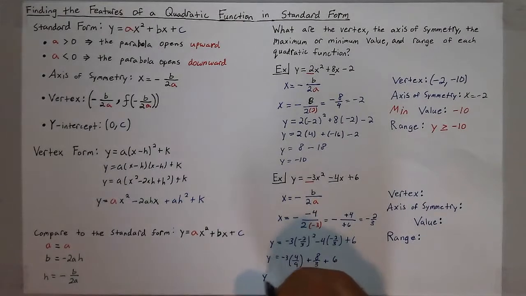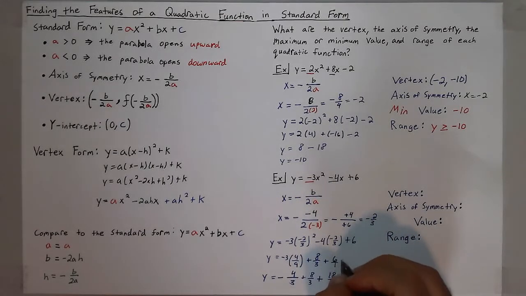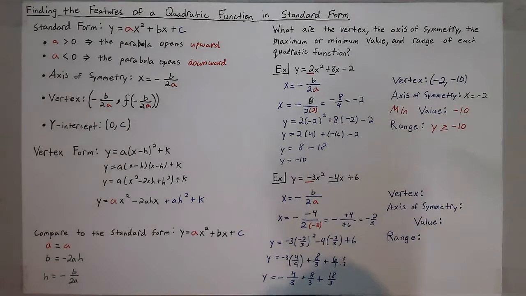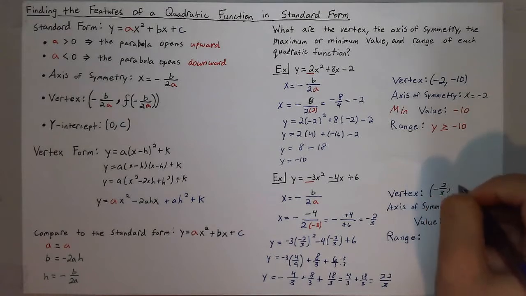So y is equal to negative 4/3 plus 8/3 plus 18/3. Again, I'm imagining 6 is over 1 and multiplying the top and the bottom by 3 to create that common denominator. Now negative 4/3 plus 8/3 is 4/3, plus 18/3, which leaves me with 22/3 for my y. So my vertex is negative 2/3 comma 22/3.